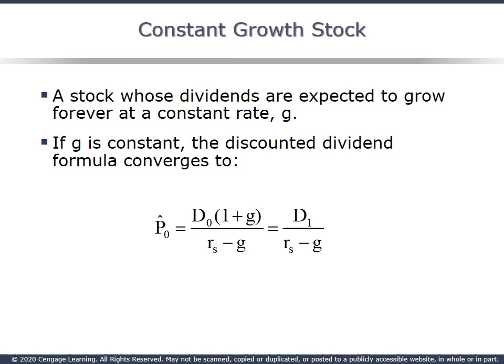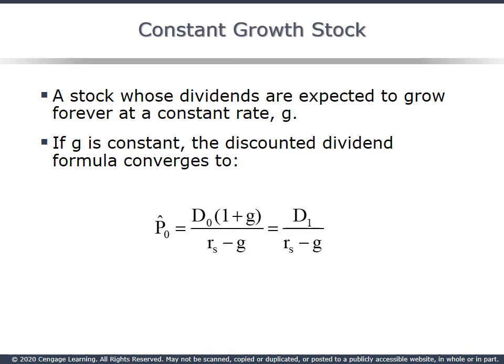It refers to firms whose dividends are expected to grow at a constant rate. So we're going to call that constant growth stock. Again, it is a stock whose dividends are expected to grow forever at a constant rate. That constant rate we are going to label little g.